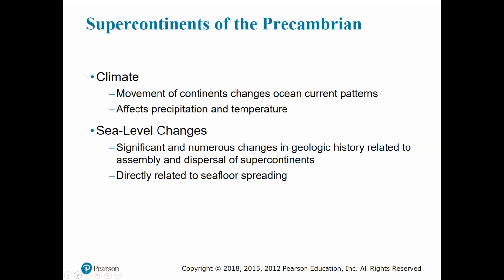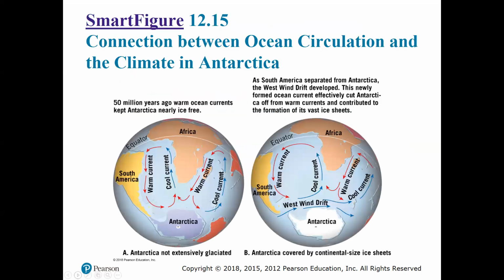So when we have all of this movement and rearranging that's taking place in this supercontinent cycle, we get changes in climate. So this image in your book shows the difference in ocean currents, and we're going to watch another Smart Figure video that's going to walk us through exactly how this happens.